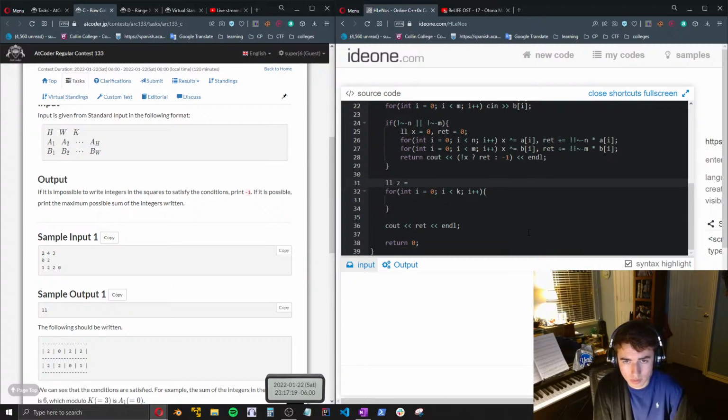Z is equal to k minus 1 times n minus 1 times m minus 1.